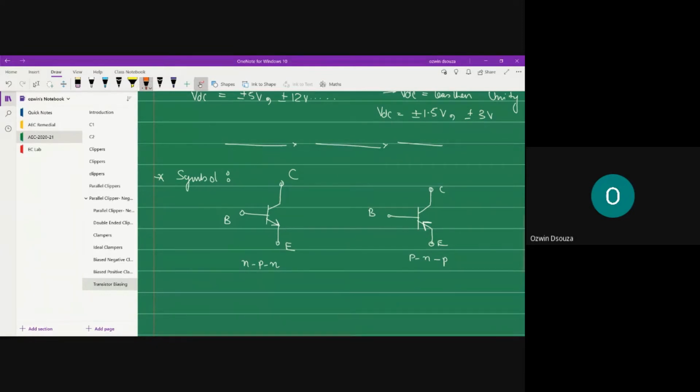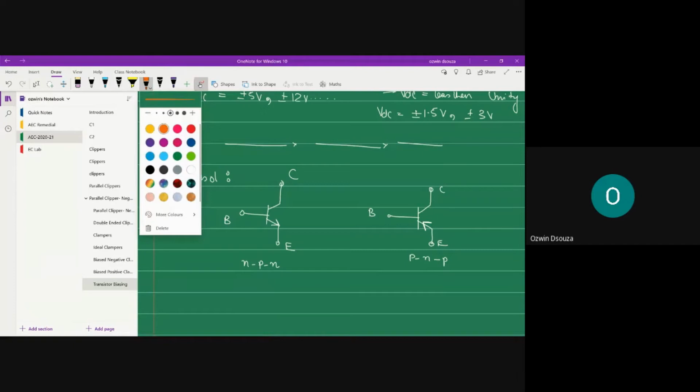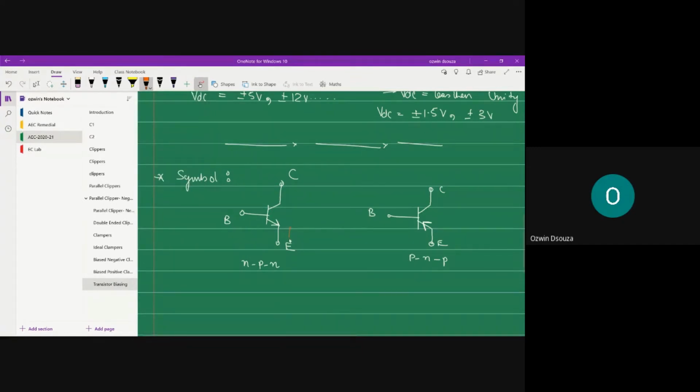Apart from the device symbol, you can also mark the current directions. For the NPN transistor, this is how we put the current directions. First you put the direction of the emitter current.